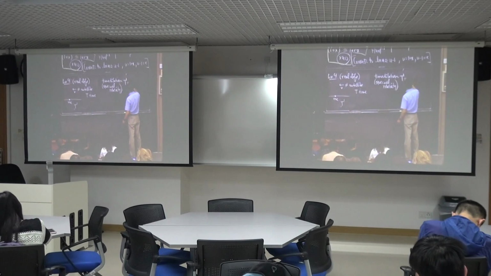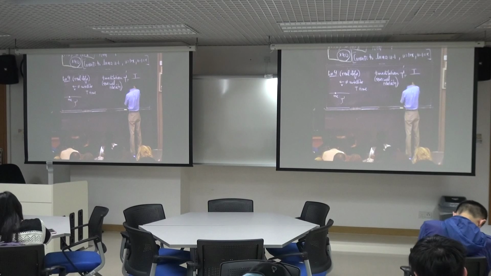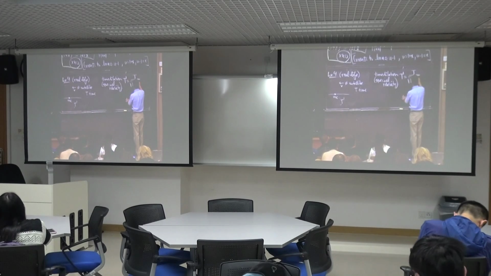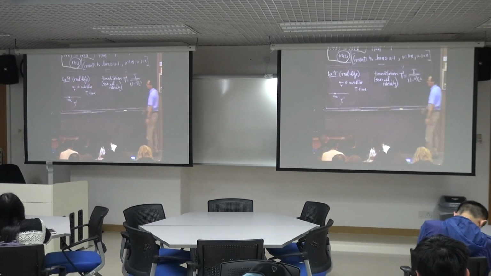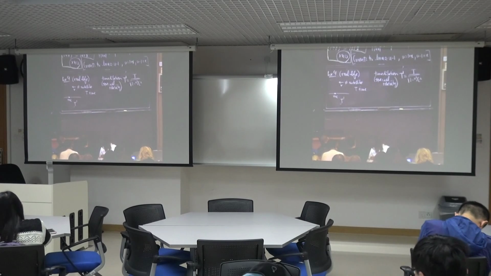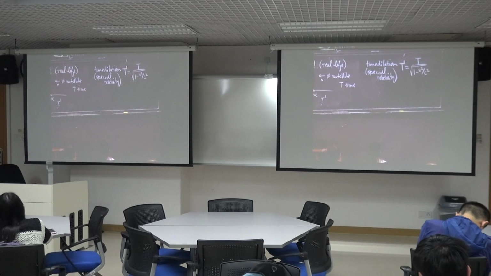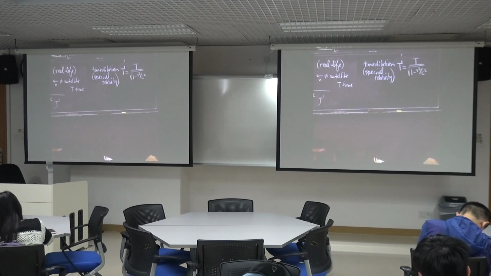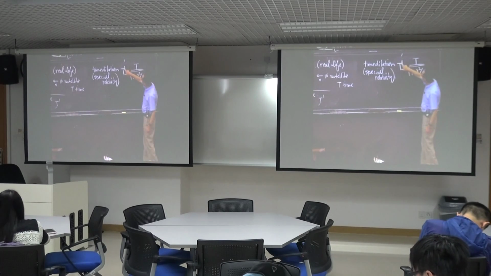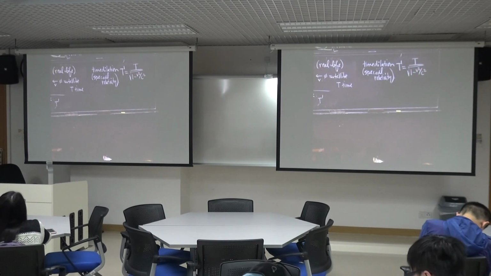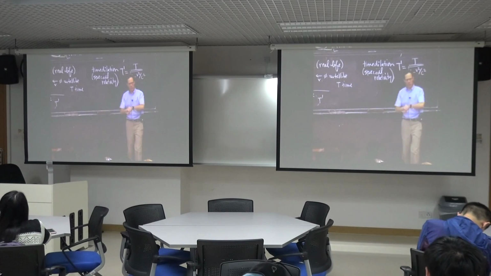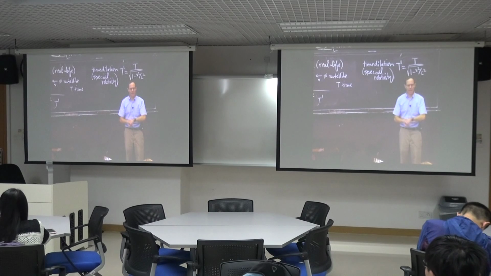T prime is equal to t divided by the square root of 1 minus v squared over c squared, where v is the velocity of the satellite and c is the speed of light. Okay, so now I'd like to get a rough idea of how different my watch is from the clock on the satellite.